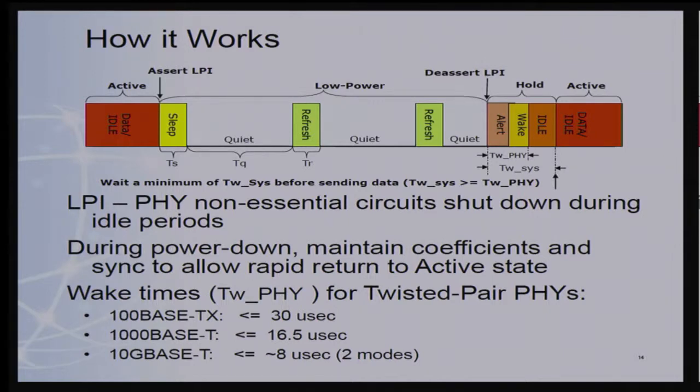You may wonder what these wake-up times look like, and I've included a few here to give you an example, starting with the worst case, which is the 100BASE-TX, which is in the order of 30 microseconds to wake up, and then in the example 10GBASE-T, about 8 microseconds to wake up. And they're actually even faster with the faster interfaces.